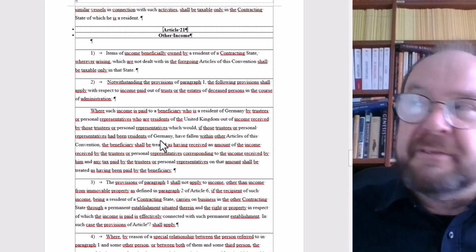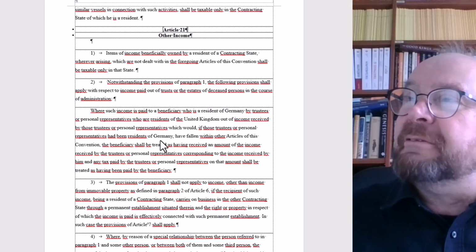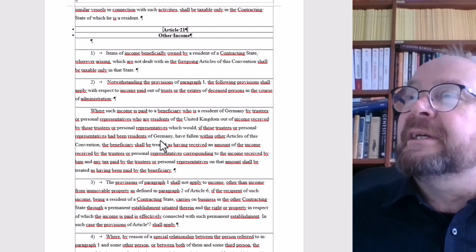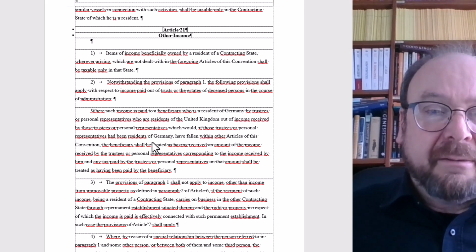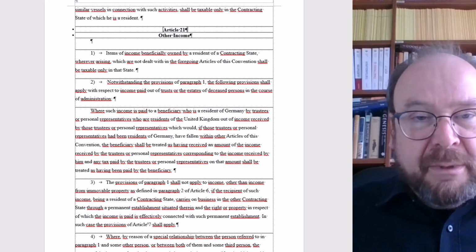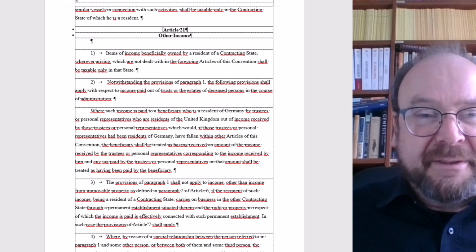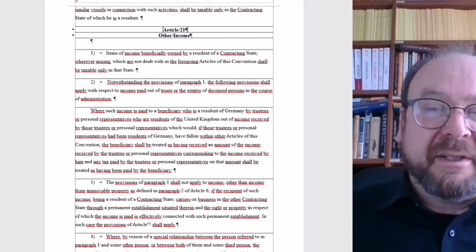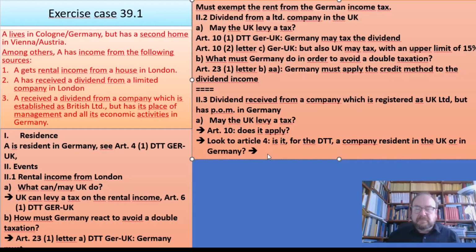Items of income beneficially owned by a resident of a contracting state wherever arising, which are not dealt with in the foregoing articles, shall only be taxable in that state, so in the country of residence. Yeah, that clarifies matters. So we have a German company which pays dividends to Germany. Article 10 does not apply. Article 21 applies and gives the only right to tax to Germany.